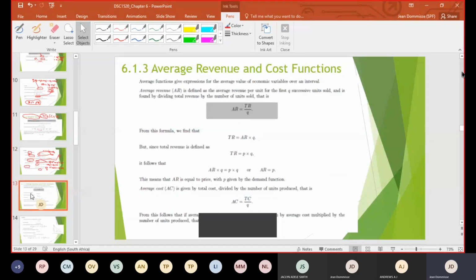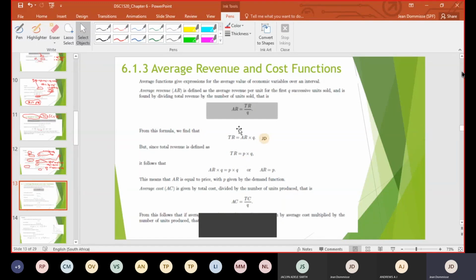Okay, so let's look at the average. If you understand how the total was calculated, then the average is very easy.